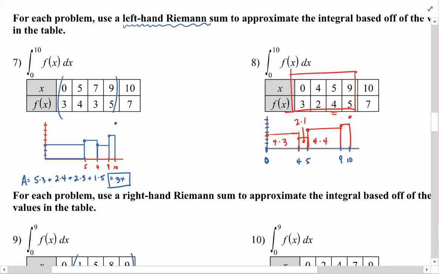Again, I'm getting these heights from the data points in the table. And this last approximation is 1 unit wide by 5 units tall. So the total area is the sum of each of these: 4 times 3 plus 1 times 2 plus 4 times 4 plus 1 times 5, which sums to 35 square units.